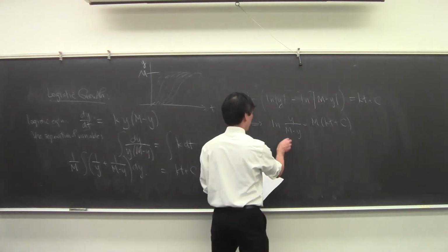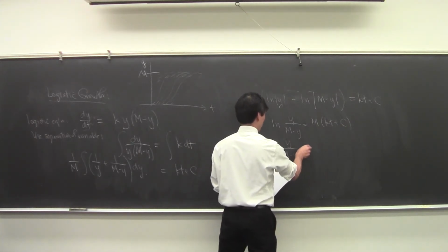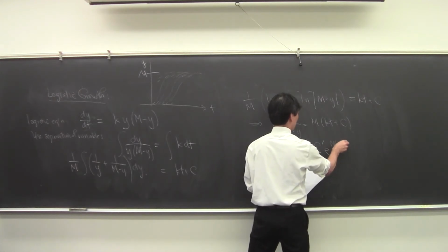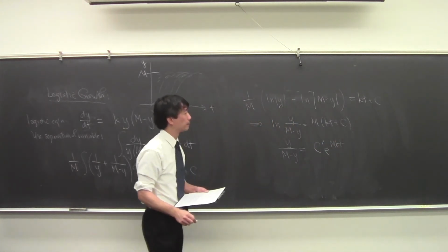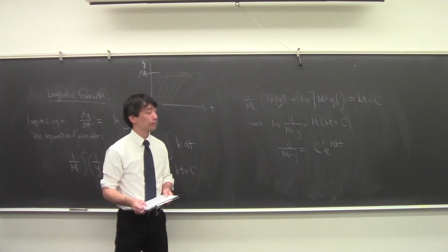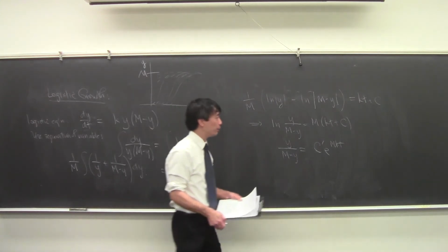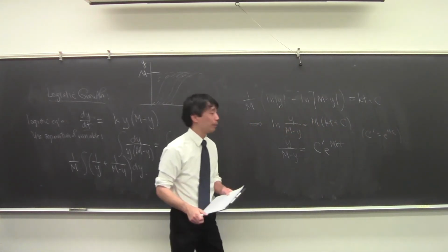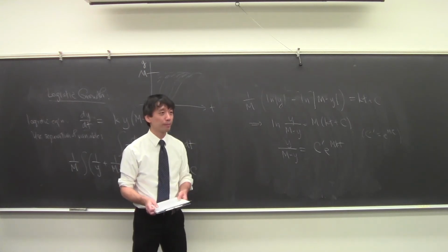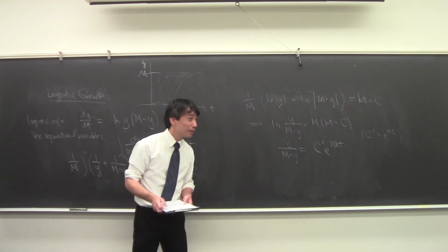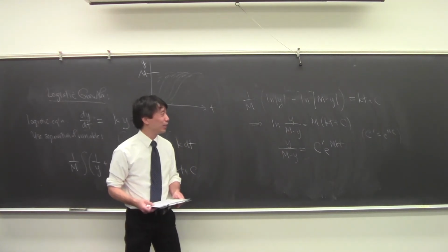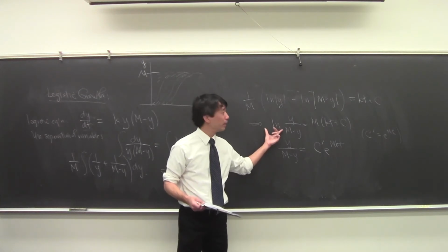And so y over (m minus y) equals some constant c prime times e to the mkt, where that c prime is really e to the c. Yeah, okay. I just exponentiated both sides. Right, just exponentiated both sides.